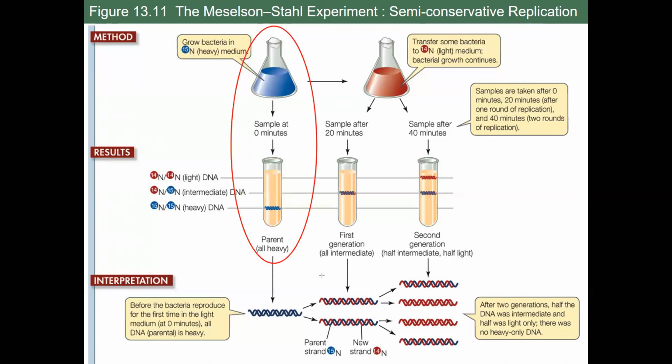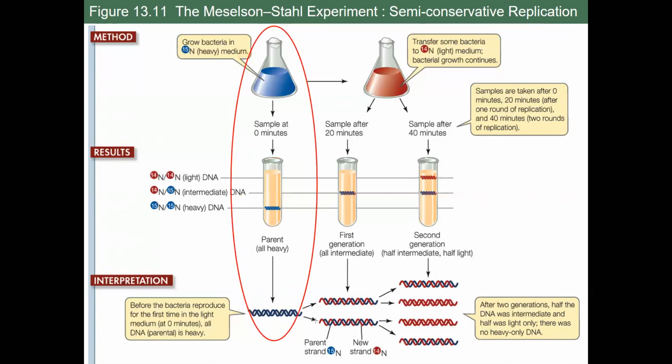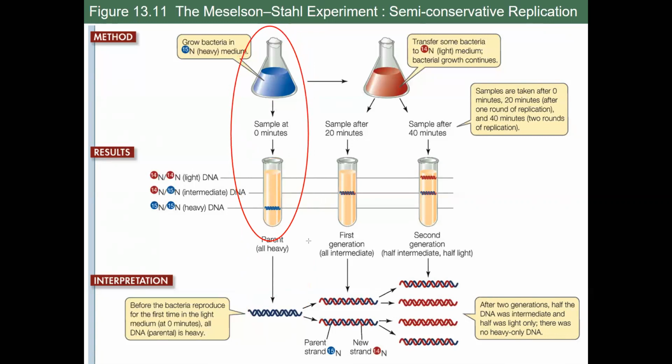So when they weighed the DNA from that bacteria, they found that it was of a relatively heavy weight because it had nitrogen-15.